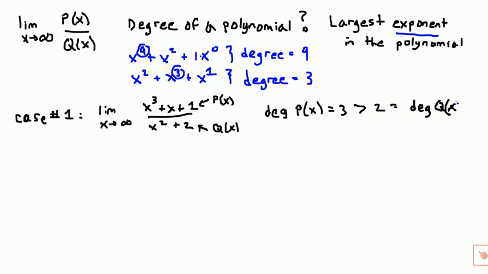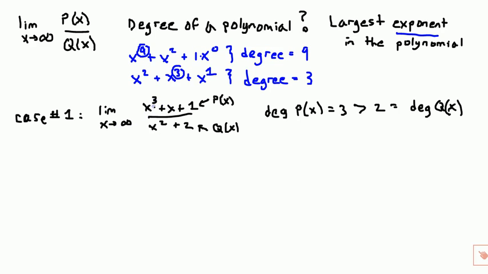Now what happens when the degree of the numerator is larger than the degree of the denominator? That means that as we let x get larger and larger, the numerator is going to grow larger and larger because we're going to be cubing one of the numbers on top. So say x goes from 10 to 100 to 1,000.